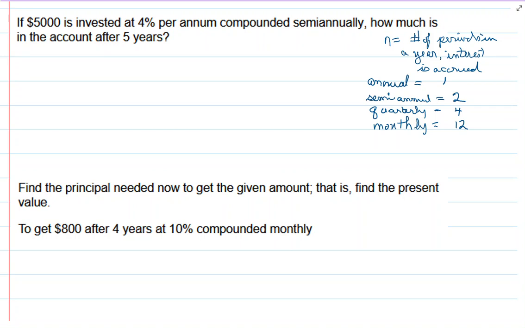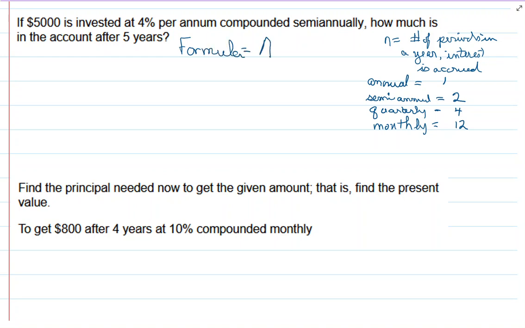And some of them use 360, which is a business calendar year, depending on what you're earning. So what do we need? Well, we need a formula for compounding.